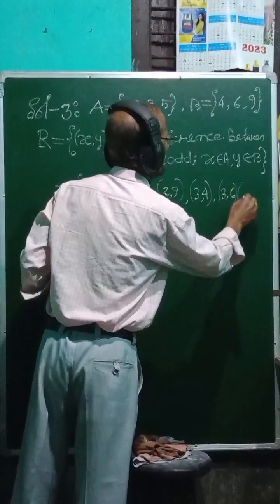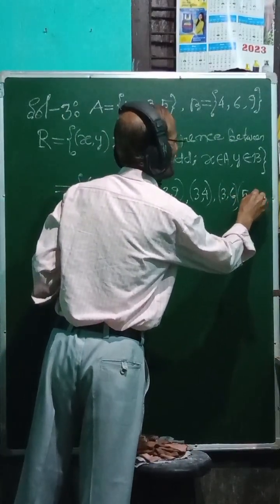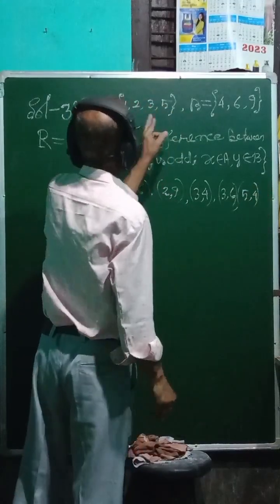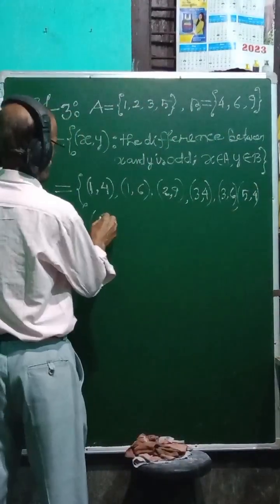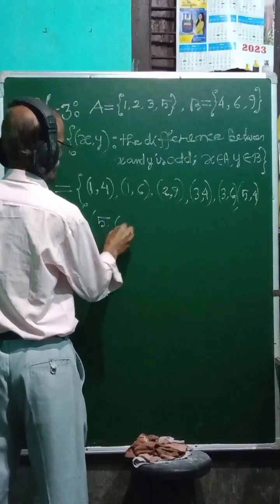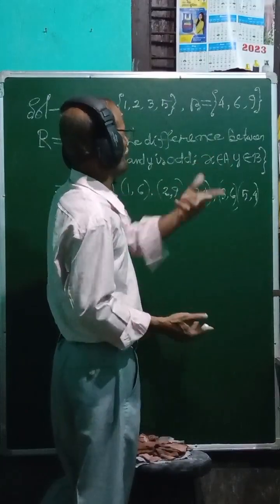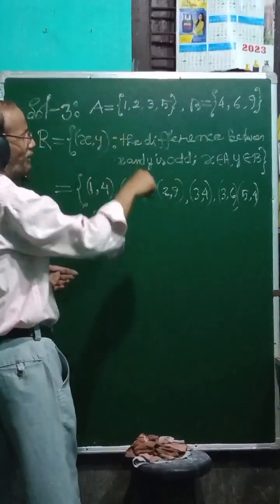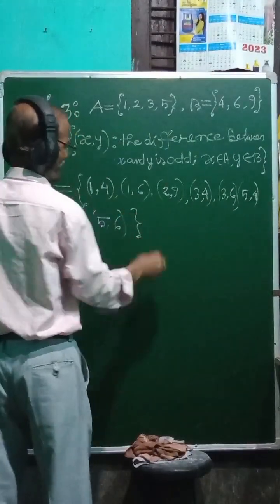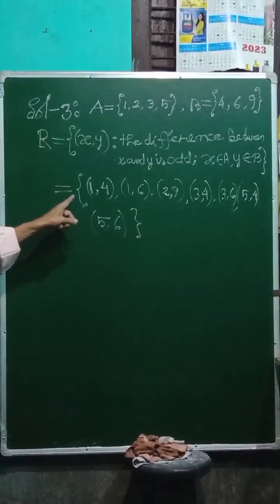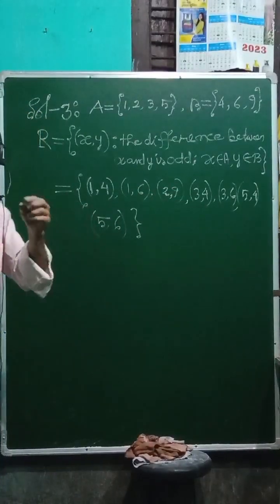So I can take one more, 5 and 4. And then 5, 6, another one. Then 5 minus 9 is equal to minus 4, or 9 minus 5 is equal to plus 4, which is even. Cannot take. So we have got R is equal to 7 elements in the roster form, and that is the answer.